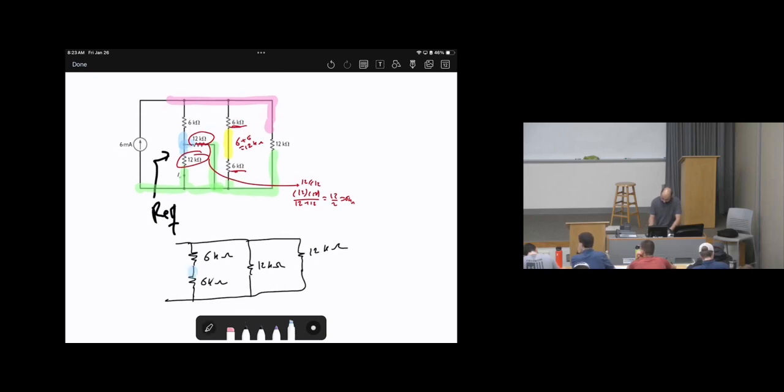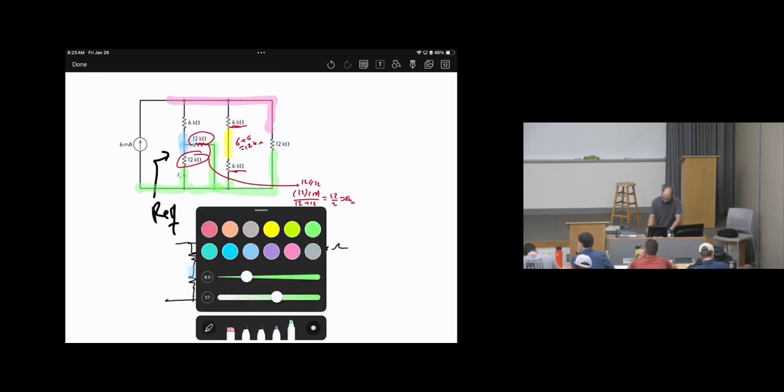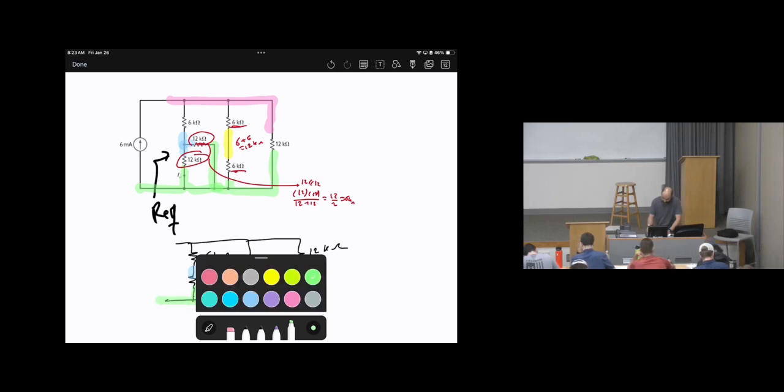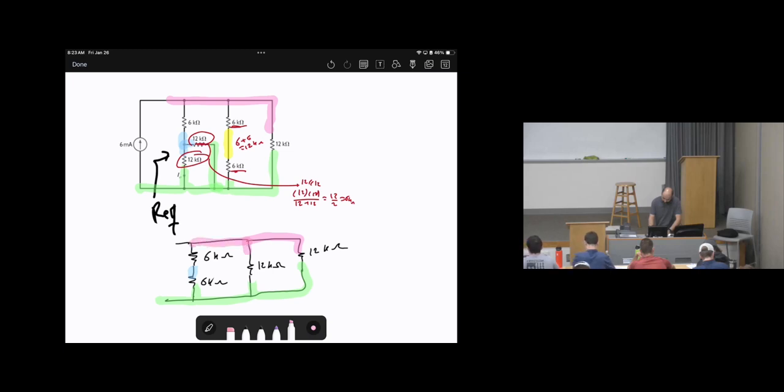The blue node remains and the green node remains as well. Pink node remains while the yellow node has disappeared, right?